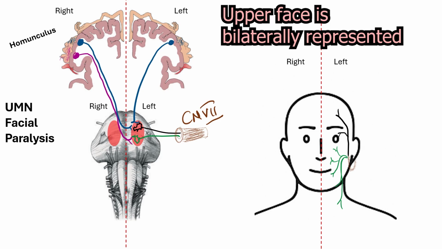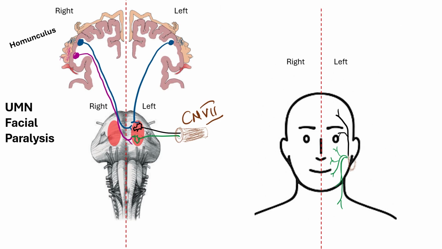Let us now learn what will happen if you have a UMN facial paralysis. If you have a cortical lesion in the right cerebral cortex, in the right internal capsule, or in the right midbrain, then you will have involvement of the lower part of the face, because the lower part of the face, LMN neuron, is denervated, but the upper part of the face is spared, and that is because it is still getting projection from the ipsilateral cerebral cortex.